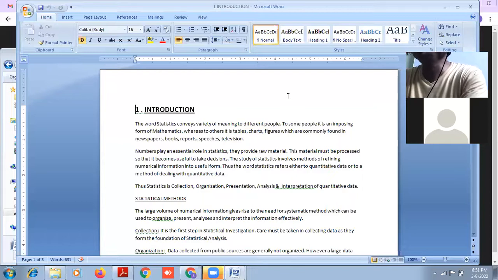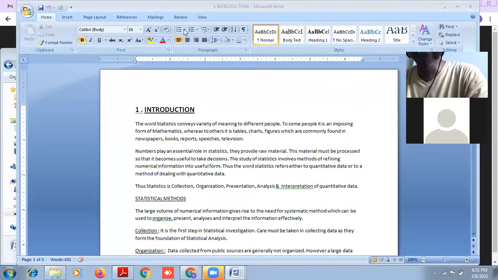But before that, we should know what is statistics. If somebody asks you what is statistics, what comes to your mind? It should be interactive, so you can unmute yourself and talk. Yes, tell me, if I say the word statistics, what comes to your mind? Representing data in the form of graphs.